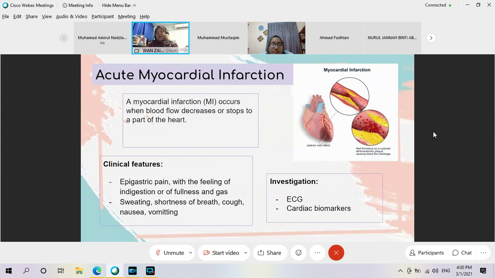So macam mana kita nak tahu pasien ni dapat MI ke, dapat gastrik ke, macam mana? By doing ECG. Tak dengar. By doing ECG or cardiac biomarkers. Before ECG, clinical features, presentation.